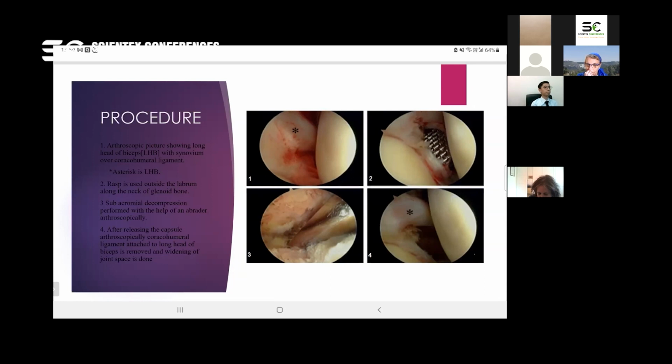If there is decreased space in the subacromial space, it will be difficult for the rotator cuff to glide during shoulder movement, and the patient will have restricted movement due to pain. So if the space was reduced, we shaved off a little bit of the acromion so that the gliding movement of the rotator cuff through the subacromial space is not limited. After that, we also released a bit of the rotator interval, and after this procedure, we also performed manipulation under general anesthesia.